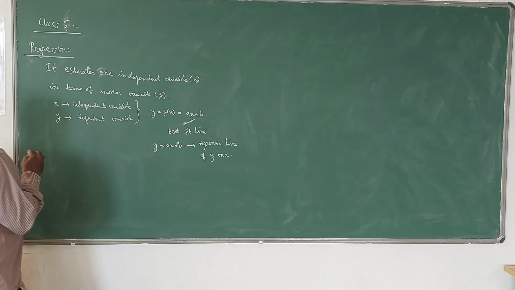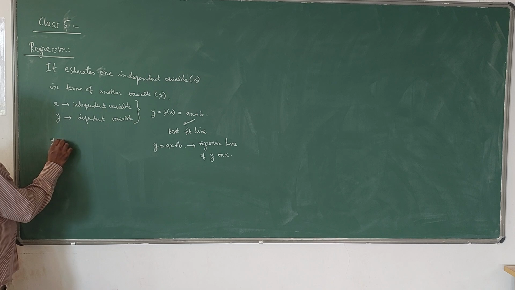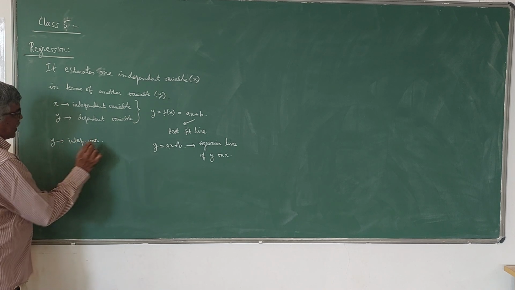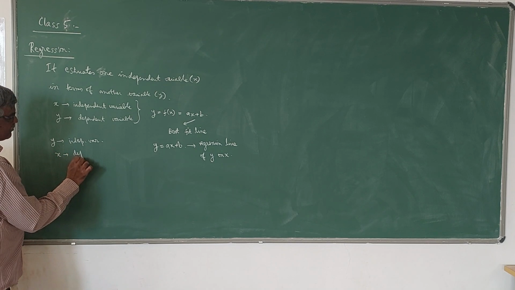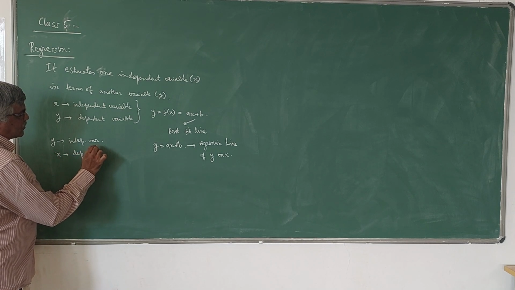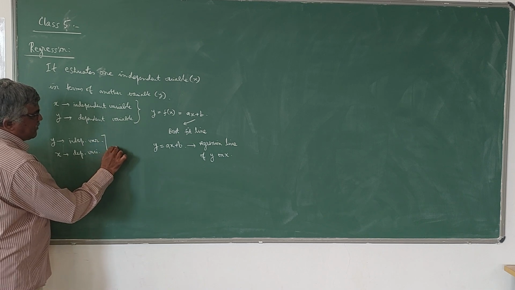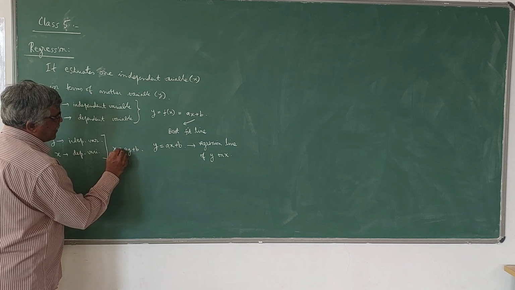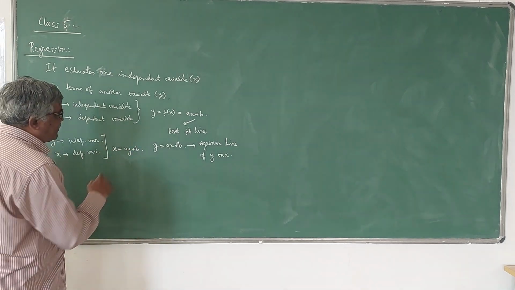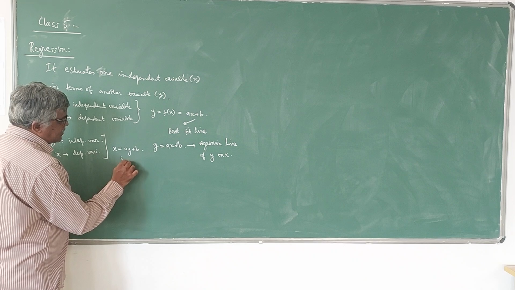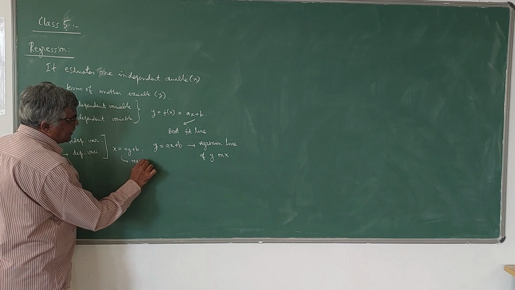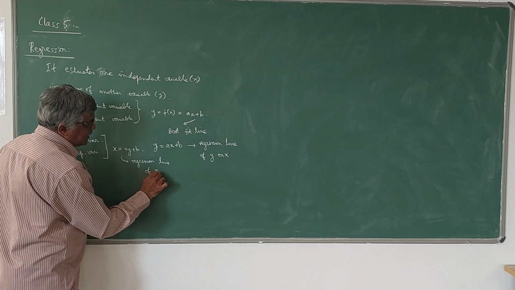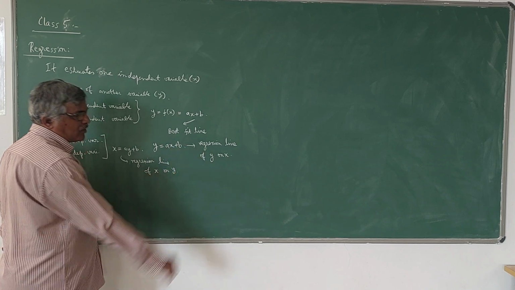Suppose you interchange, suppose y is the independent variable and x is the dependent variable, what happens in this case? The equation will be x is equal to ay plus b. This is the best fit line, and this line is called the regression line of x on y.